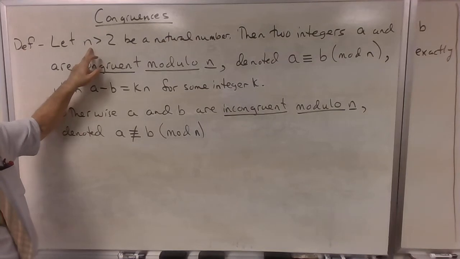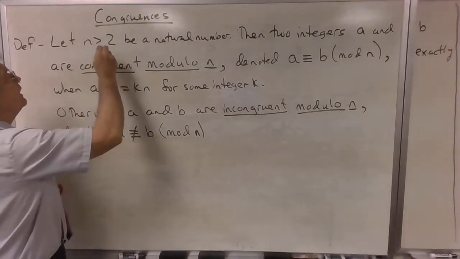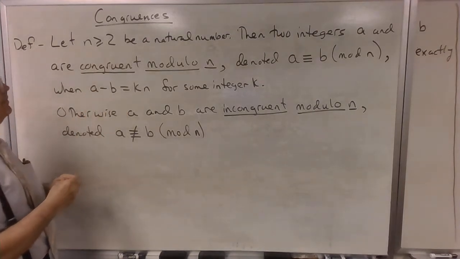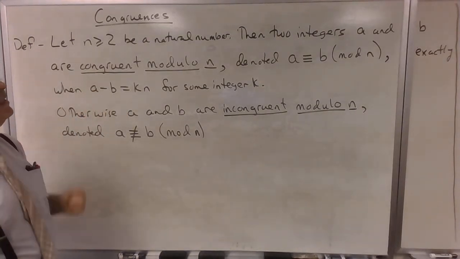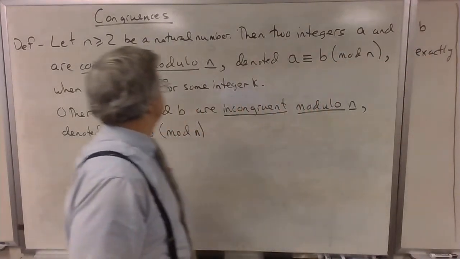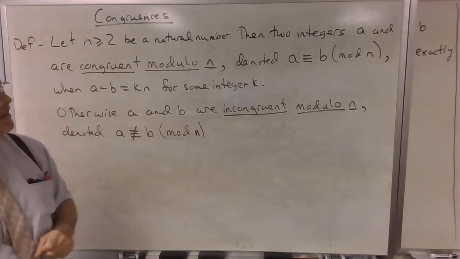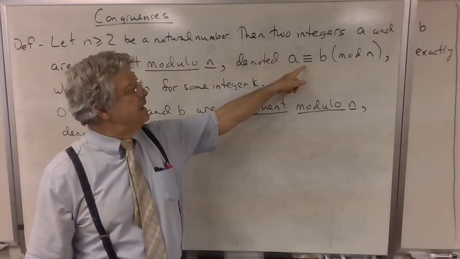Let n be a natural number greater than or equal to 2. Then we say that two integers a and b are congruent modulo n, denoted this way.